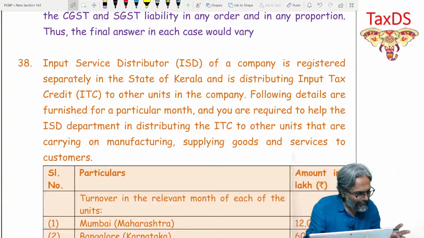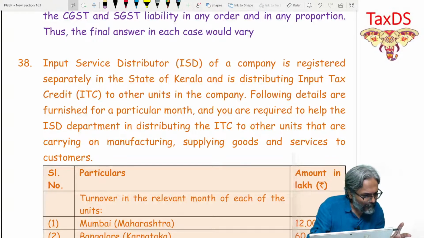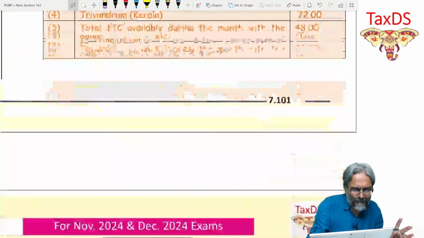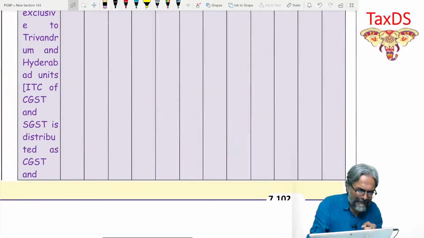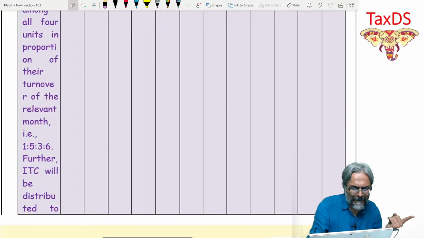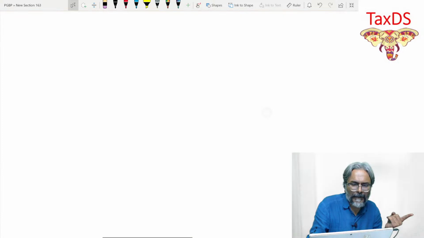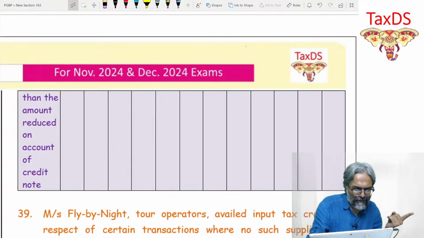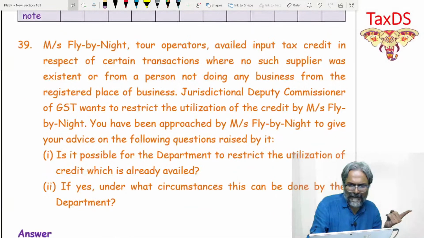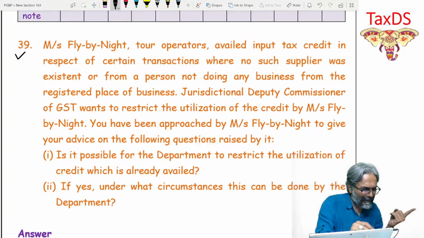Now with that, the balance, students, is only a few small questions. Question number 39, students. Now I think this is the ISD question, input service distributor, which I'll do in the next class. The balance questions which I can see are smaller questions.